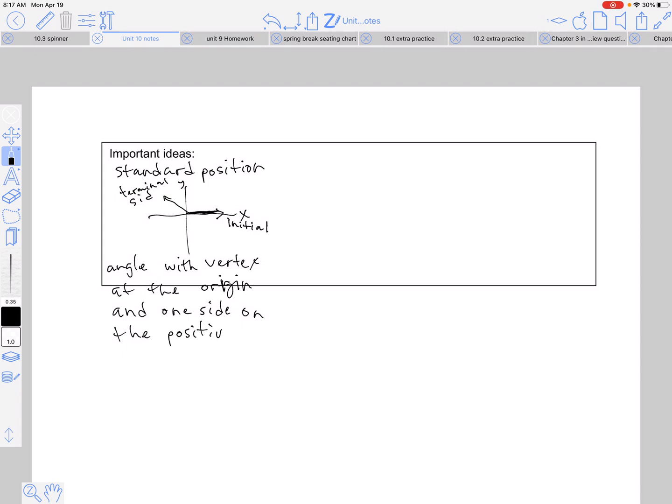That's our initial side. And the other side of the angle is called the terminal side.